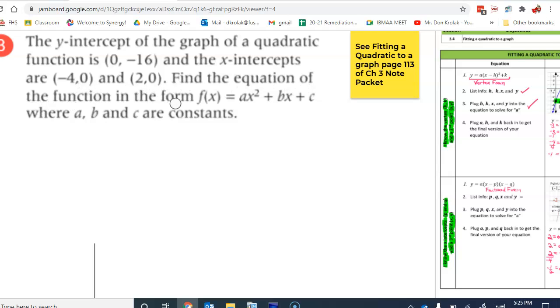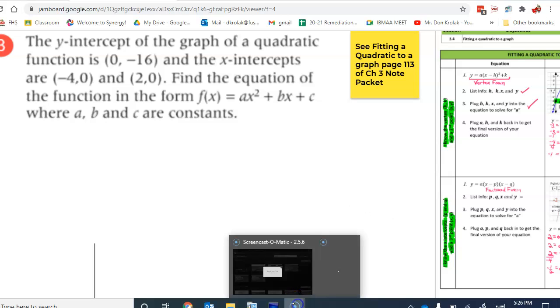Write the equation of the function in general form, where a, b, and c are constants. That means you're not going to have any fractions in it. So if you know the x-intercepts and we know the y-intercept, then the situation that we're going to use is this second one here on our sheet.